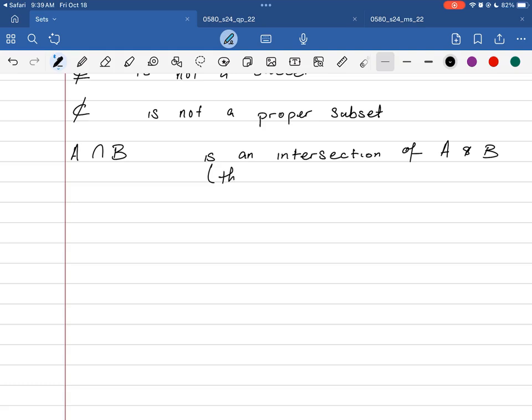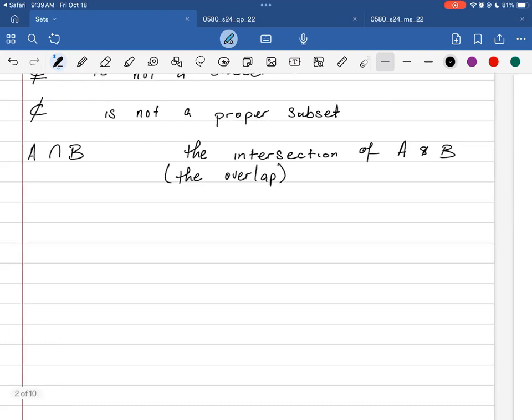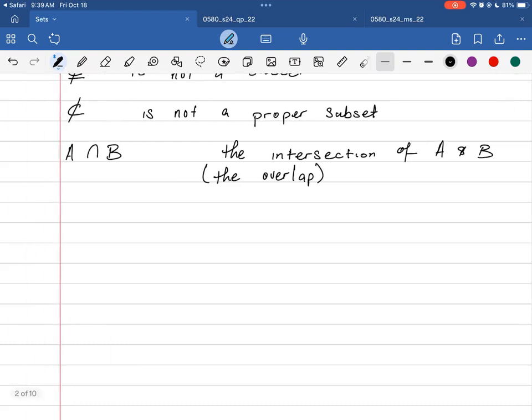It's the overlap of A and B. Usually you will visualize that like this, right? So this is the intersection, they overlap somewhere.